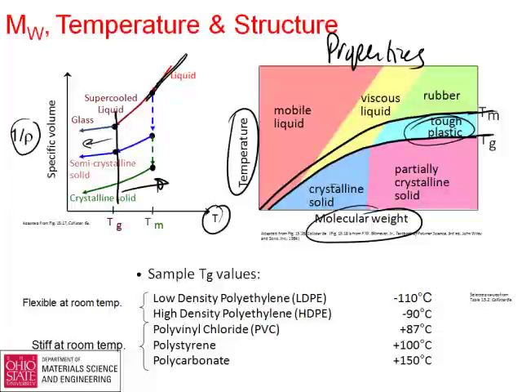I believe a Tygon tube is a thermosetting plastic, meaning that it has cross links between the chains. Here you see rubber. This is where you have a cross-linked material that is above its glass transition temperature. Here you've got like candle wax, low molecular weight, high temperature, and you get this wide range of properties.